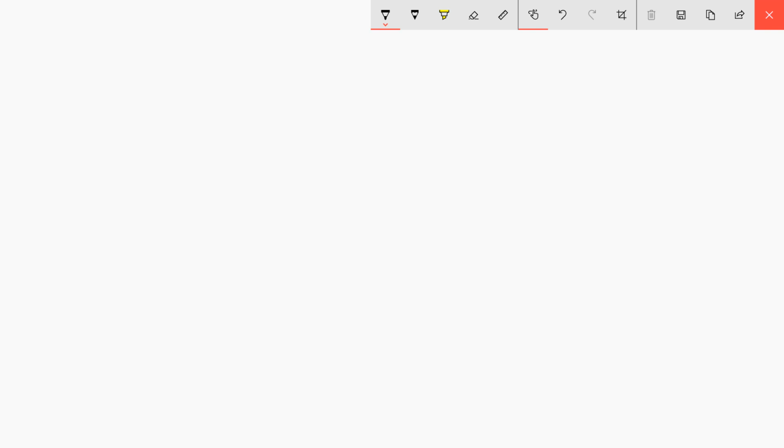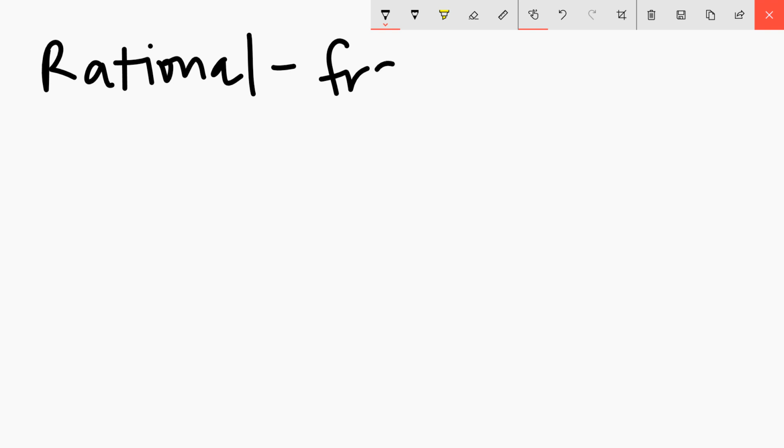So starting with our rational numbers. Remember, those are fractions.